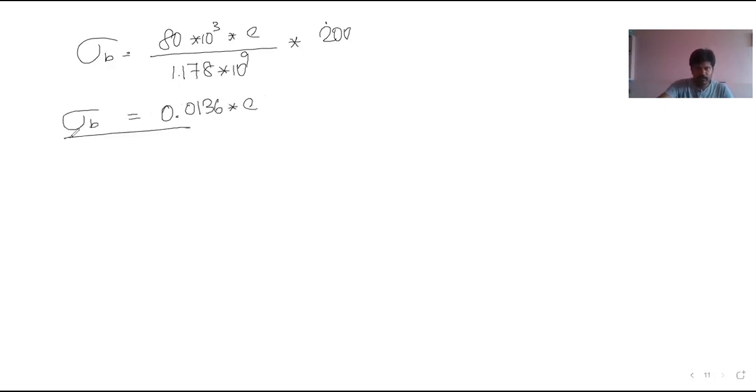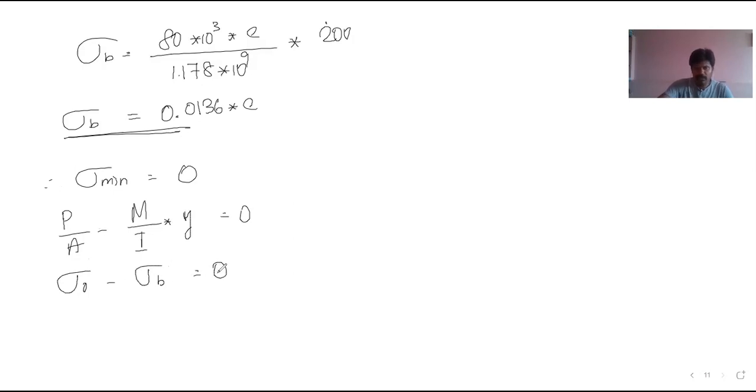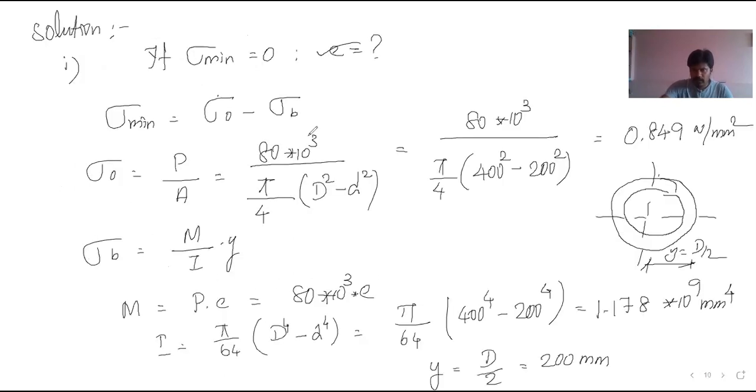Sigma B becomes 0.0136 e. Therefore, sigma minimum is equal to 0. We all know that sigma minimum value is P by A minus M by I into y, which is nothing but sigma naught minus sigma B is equal to 0. So sigma naught value is 0.849.